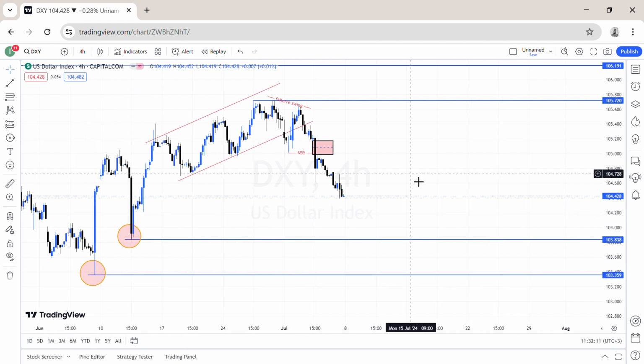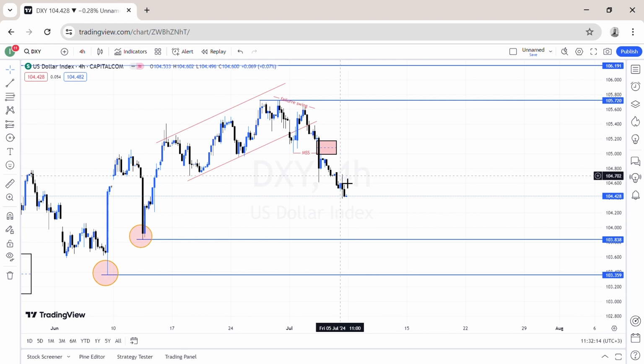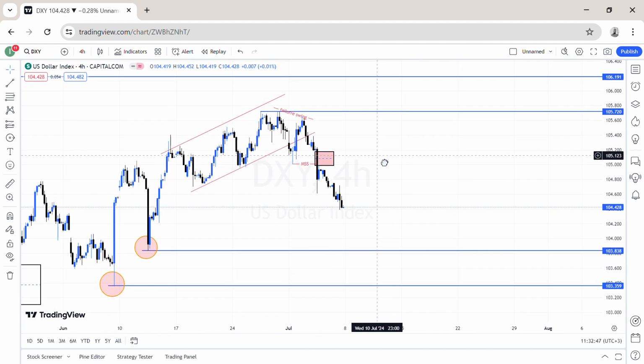As long as DXY is bearish, we go bullish on pairs like GBP USD, Euro USD, Aussie USD, so long as the USD is the quote currency. And as long as we are bearish on DXY, we go bearish on pairs that have USD as the base currency, the likes of USD JPY and USD CHF. So that is on DXY.